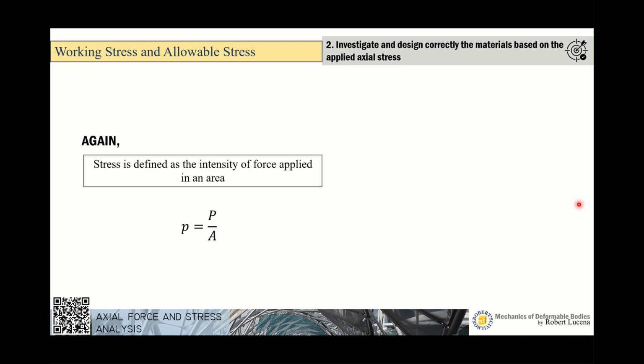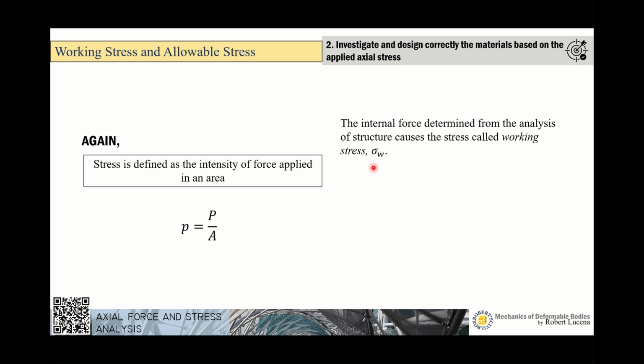Again, if you have now the value of force P, you can solve for the stress in an object. So the internal force determined from the analysis of structure causes the stress called working stress. You can see from the internal reactions that we have determined, the tensile force, the compressive force, they cause what we call working stress.